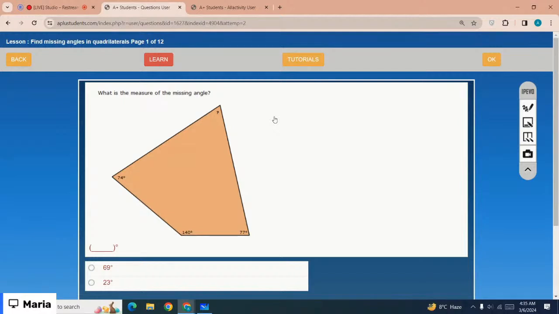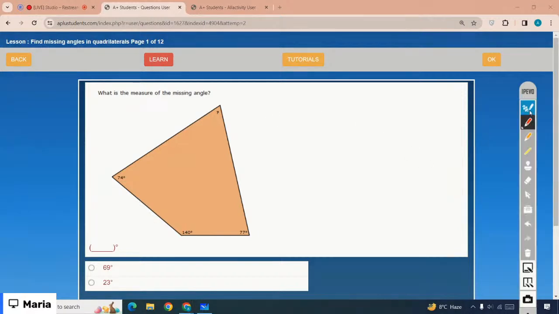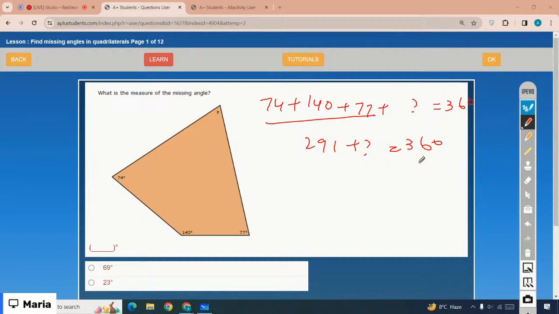Find the measure of the missing angle. So the angles given are 74, 140 and 77. So that is 74 degrees plus 140 degrees plus 77, and with the missing one their sum must equal 360, right? So just add them all: 77 plus 140 plus 74 is 291. 291 plus the missing angle equals 360, so subtract on the other side.